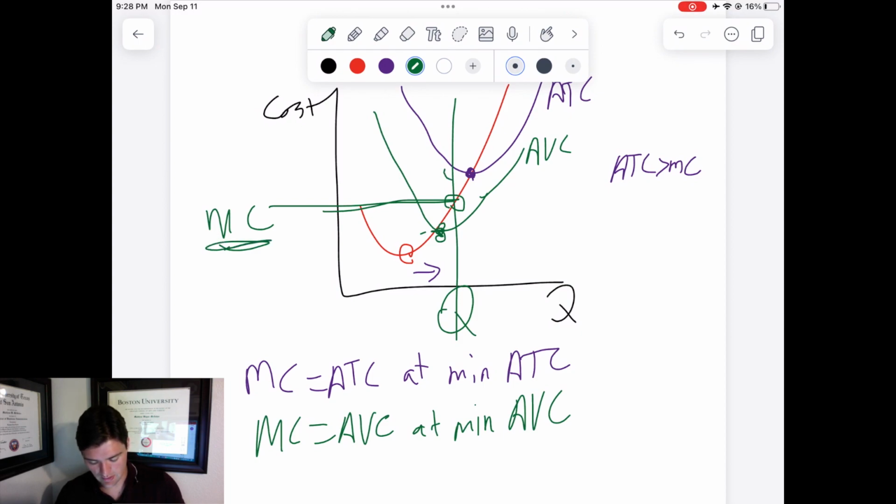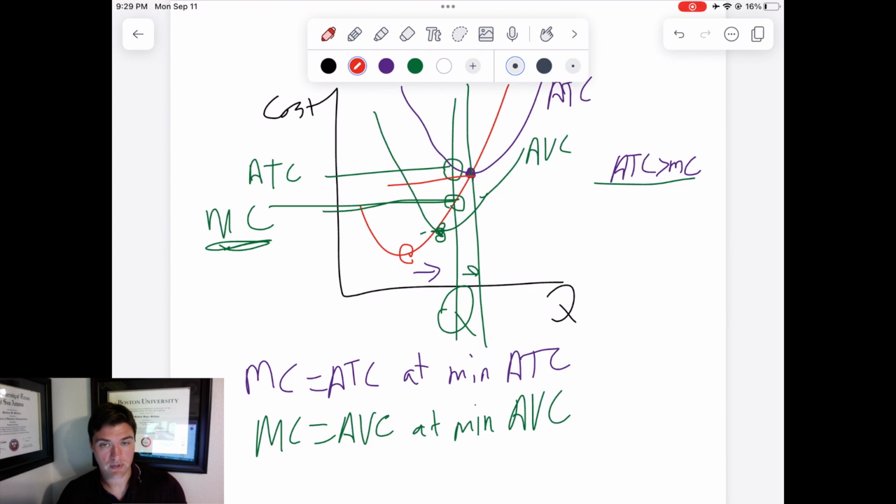This is the average total cost. Okay, so that line there is just telling you what you're hitting. Are you hitting the marginal cost or the average total cost? Okay, so if ATC is more than the marginal cost, and you were to increase production, so now we're here at the purple dot. Okay, what happened to ATC? ATC goes down. Okay, so when quantity goes up, ATC goes down.